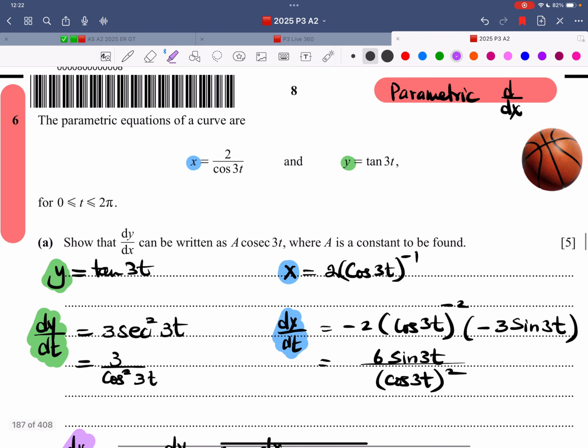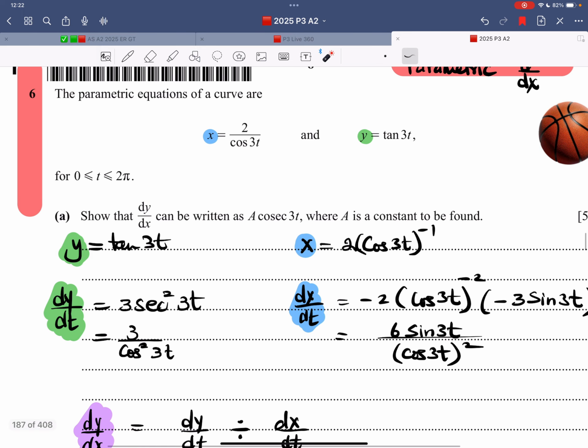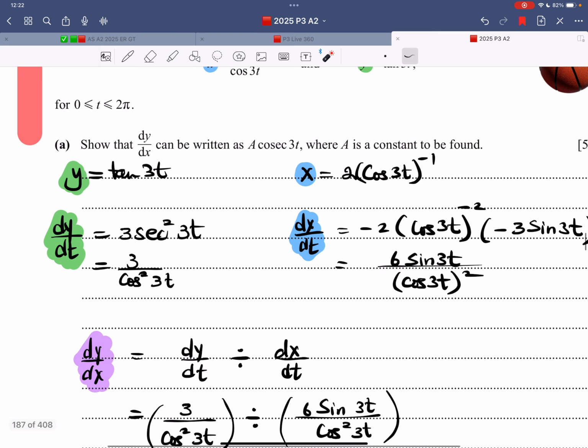Now let's have a good look. The concept is y in terms of t, the tangent derivative is sec squared. I've written it as the reciprocal, 2 over cos of 3t, which is 2 cos 3t raised to the power of -1. This power comes down, there is 2 and -1, that is -2.